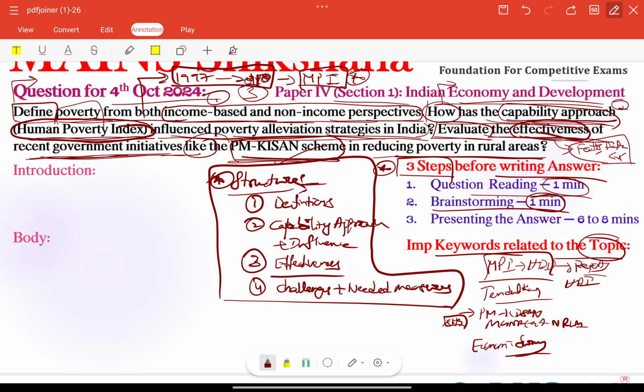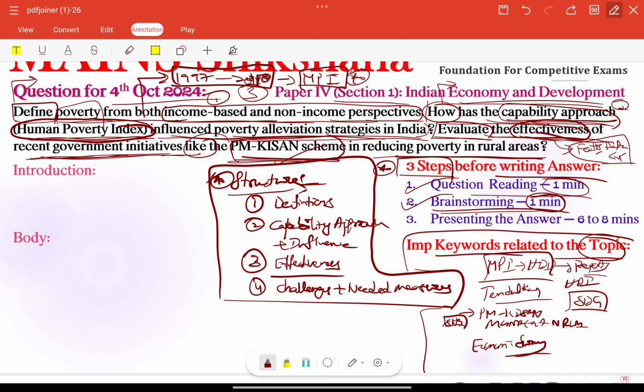By improving market access related issues also, we can use these here and there. Overall, we can include SDGs finally, in the conclusion part. All these important keywords need to be included or recalled in the brainstorming session. That is step 2, right?